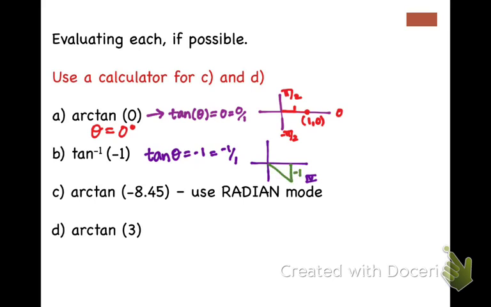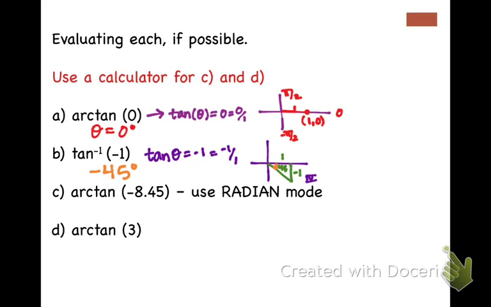So -1 is my opposite, 1 is my adjacent. This is one of our lovely special right triangles with 45 in the triangle. But again, from standard position, this is opening up in that clockwise direction. So my angle is negative, and it is -45 degrees.